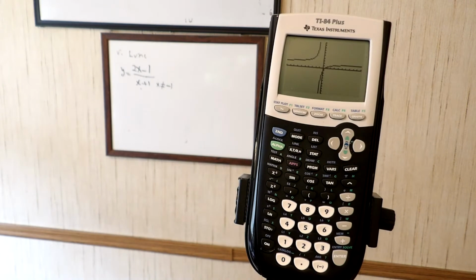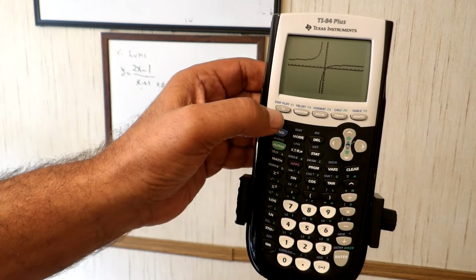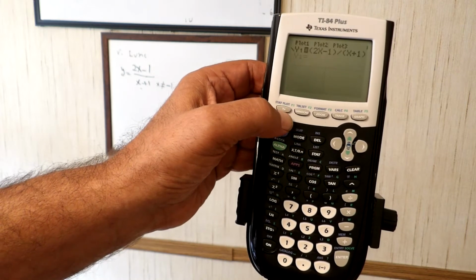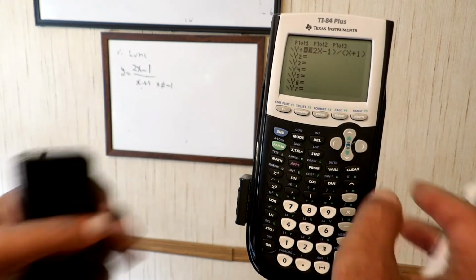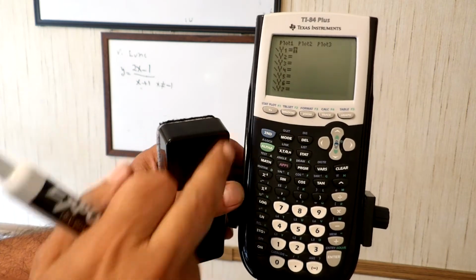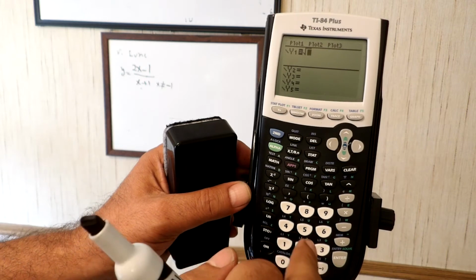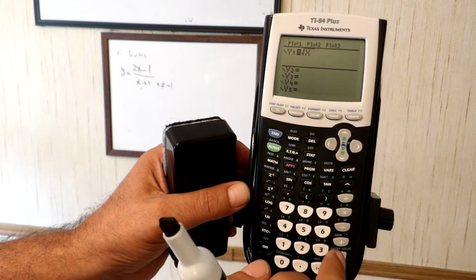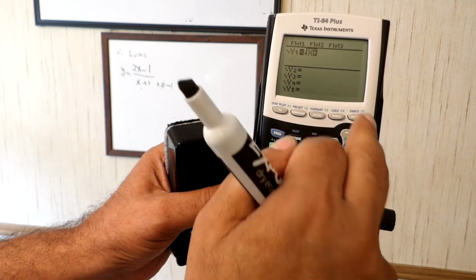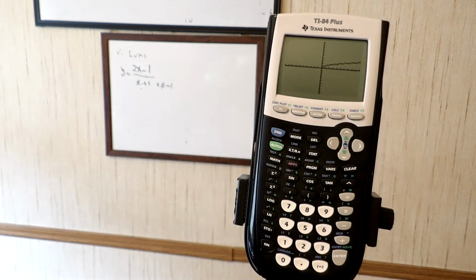So let's go to other functions. Clear, and then second, for example, y equals square root of x. Let's draw this one. See what it shows here.